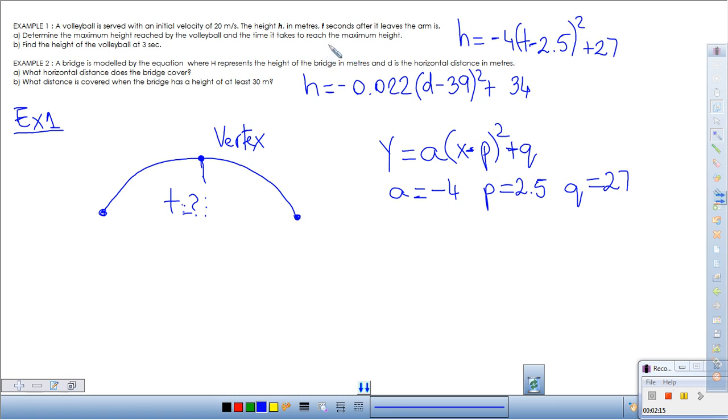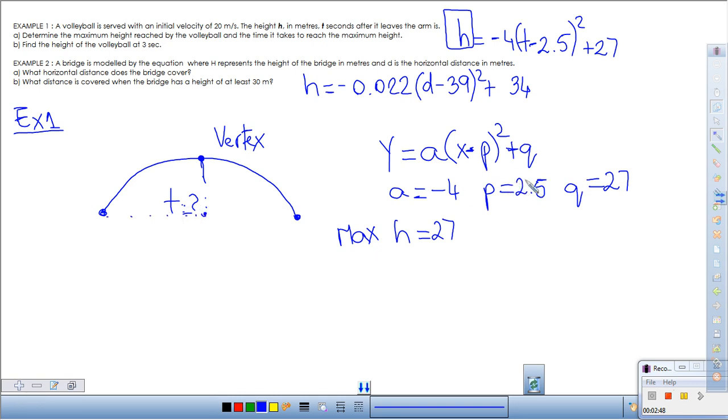Now let's see how we're going to use these numbers in relation to what the problem is asking me. Well, I know that q represents the maximum value of a function. Now, what value does this function represent? It represents the height. So the maximum height that the ball will reach is 27 meters. So the maximum height equals 27. Now, when does this happen? How many seconds does it take for the ball to reach 27 meters?